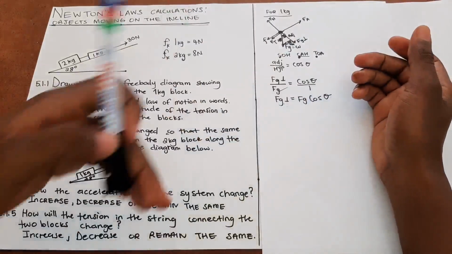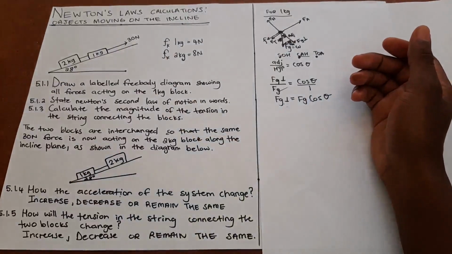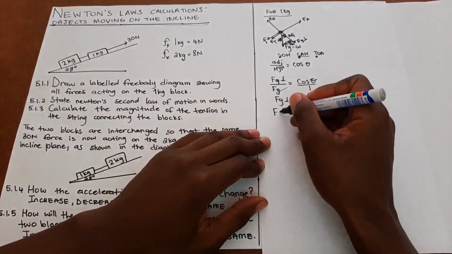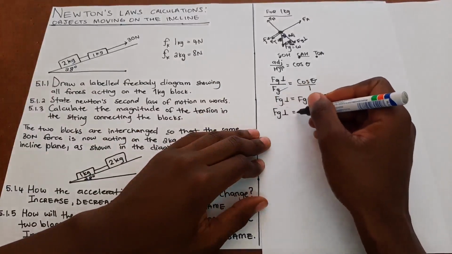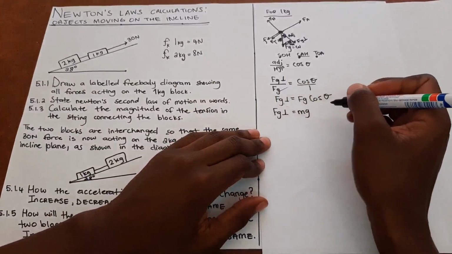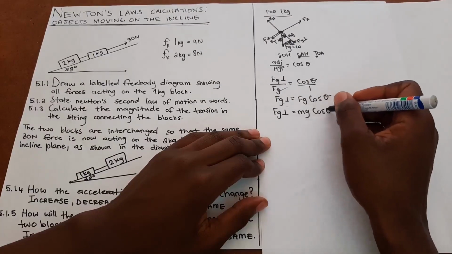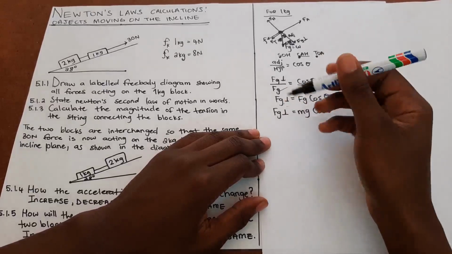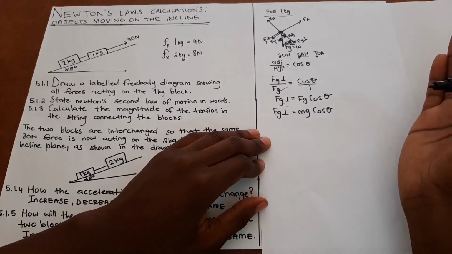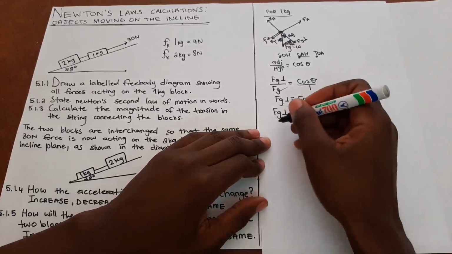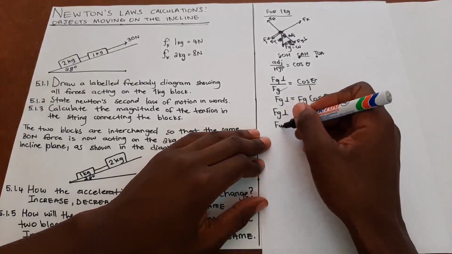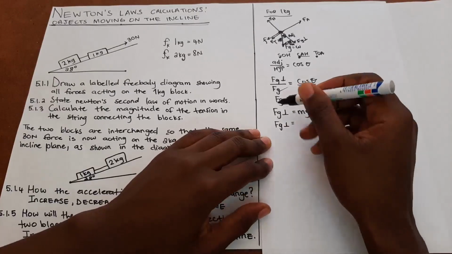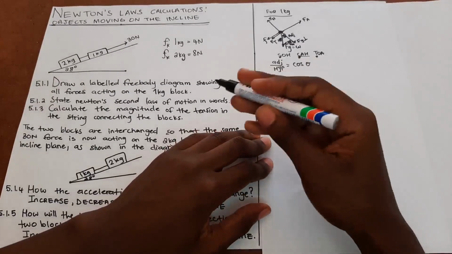So let's continue. Fg perpendicular is equal to mg cos theta. Fg, the gravitational force, is equal to mg, mass times gravitational acceleration. So in that case, what's the mass of that object? It's 1 kg.